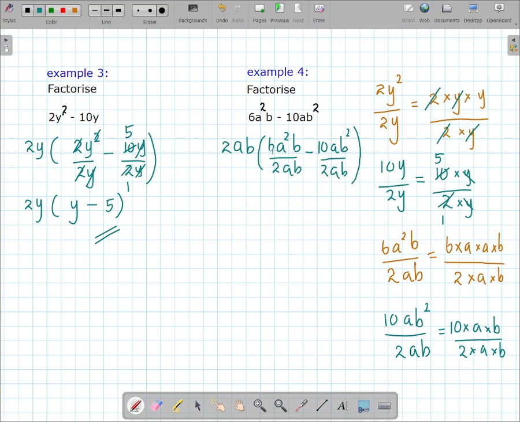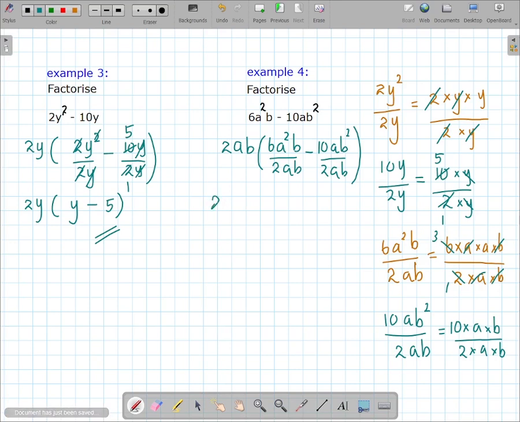Then the first one, that is 6a squared b over 2ab. 6a squared b means 6 times a times a times b, over 2ab means 2 times a times b. Then 2 times 1, 2 times 3. a and a get cancelled, b and b get cancelled. So what remains? 3 times a, that is 3a.